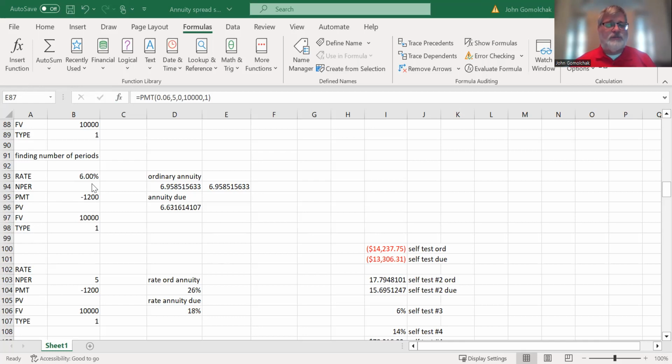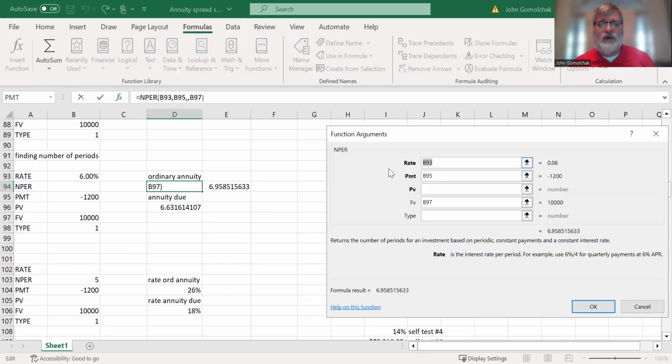So we know we have 6%. We have $1,200 payments. That's a negative number. Future value is going to be $10,000. So if we hit this here, our number of periods is the function that we're using.